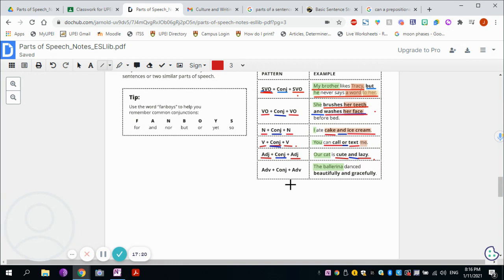And the last pattern with conjunctions here is the adverb plus the conjunction plus the adverb. So we have the ballerina danced. Here's subject and verb. They're not part of the pattern right now. We're looking at this part. We're looking at beautifully. This is an adverb. And gracefully. This is the other adverb.